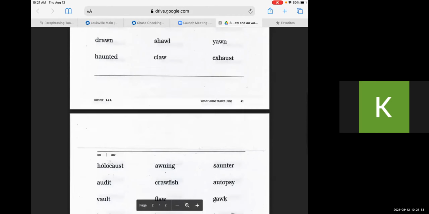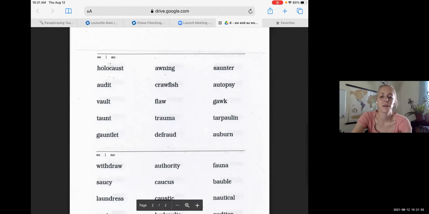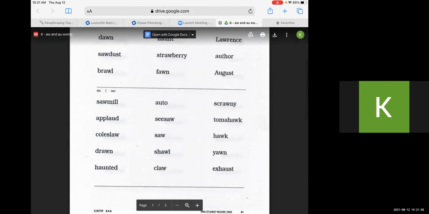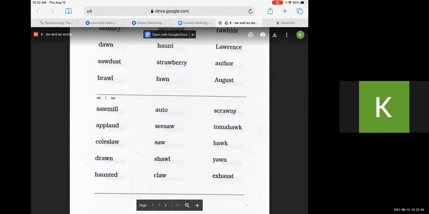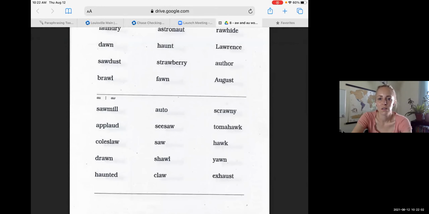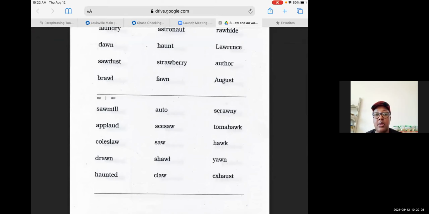Exhaust. Wait just a second. Go back up to that previous page. Let me show you this word. Where's my annotation? Oh, apparently I can't annotate. Coleslaw.